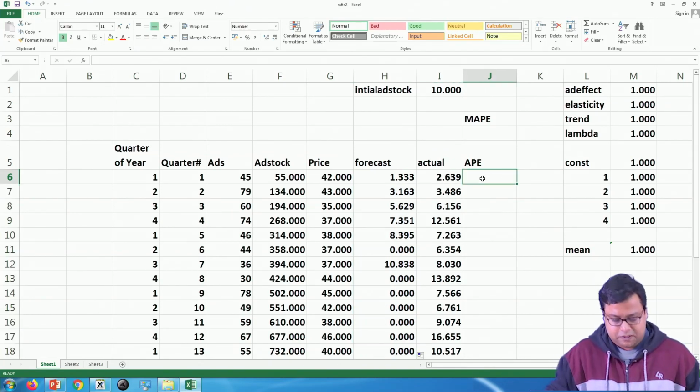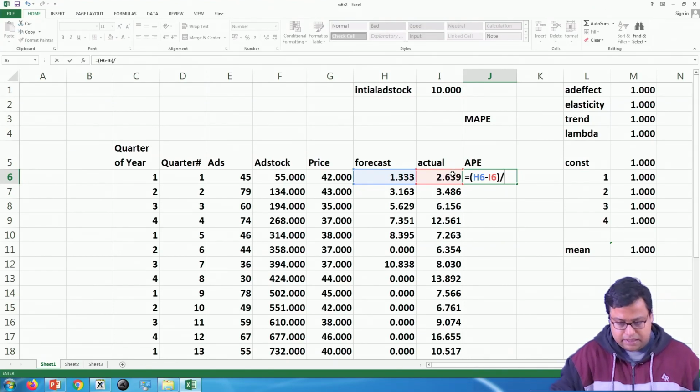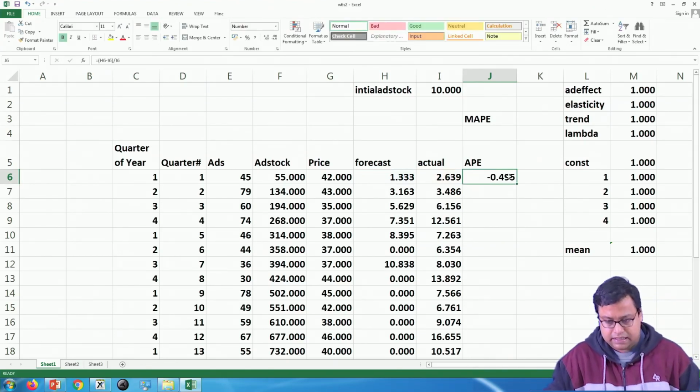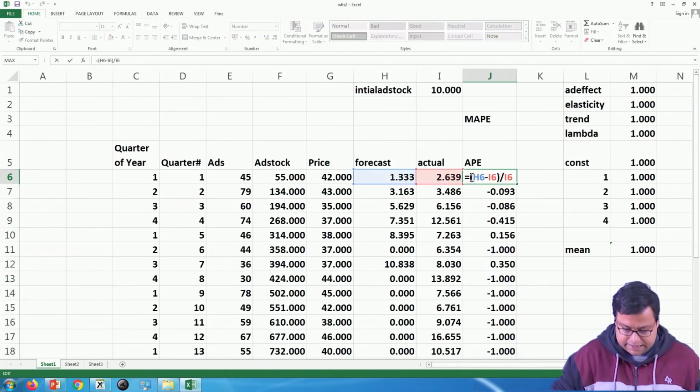And what is my average percentage error? This is my forecasted minus actual divided by actual, something like this. Okay, absolute. So, I will take ABS.